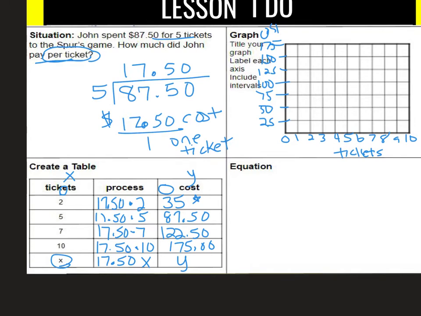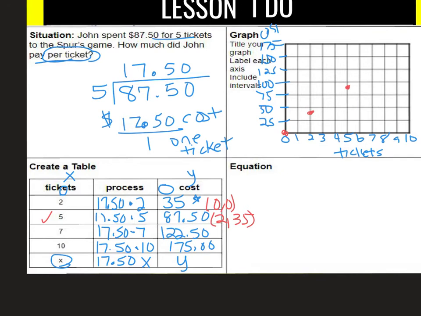So I know that if I buy 0 tickets, right, I have $0 I spent. If I buy 2 tickets, that's going to cost me $35 and so forth. So 2 tickets is going to be approximately somewhere here. And then if I buy 5 tickets, $87.50, that's going to be a little closer to $100.